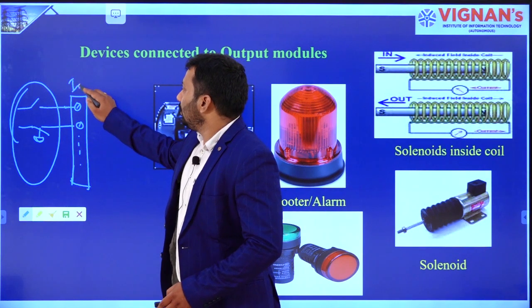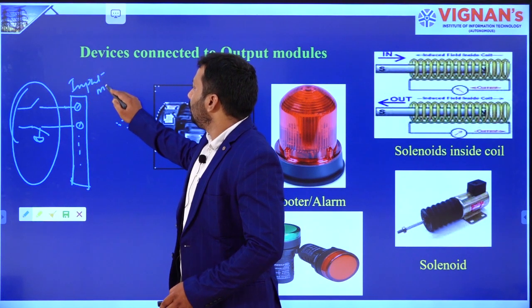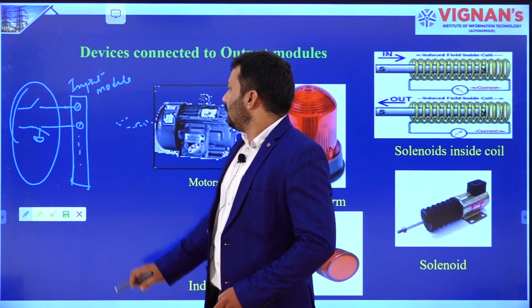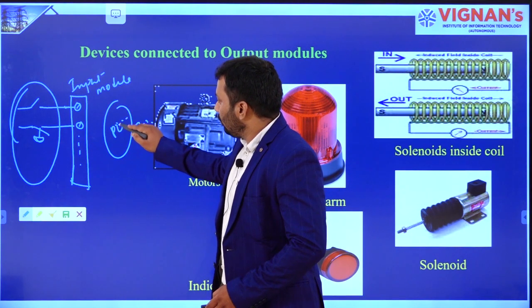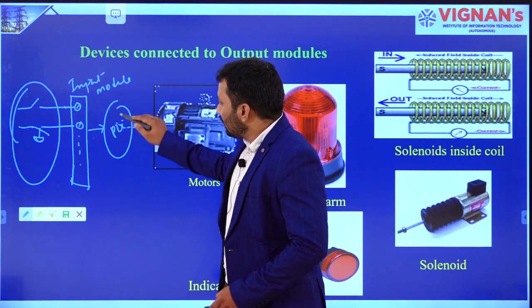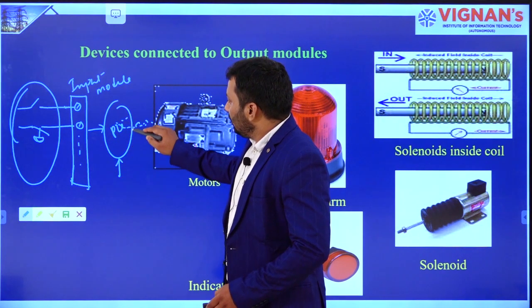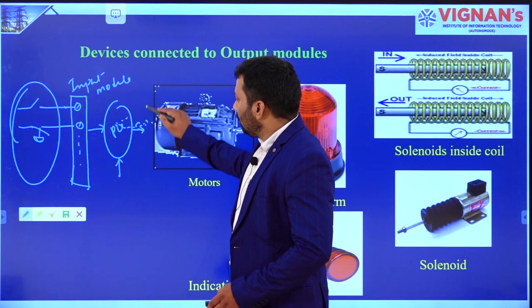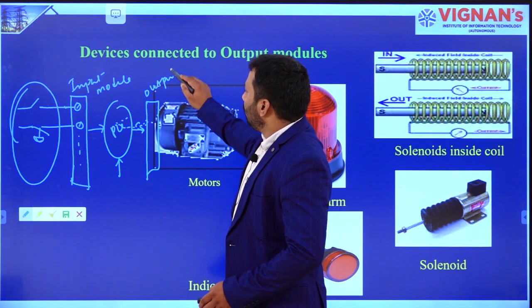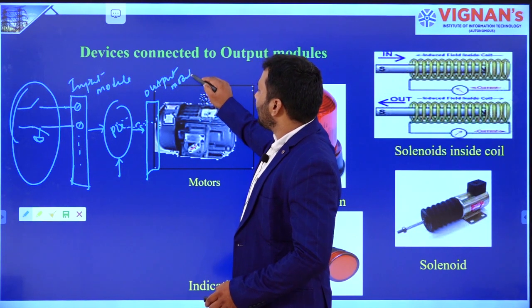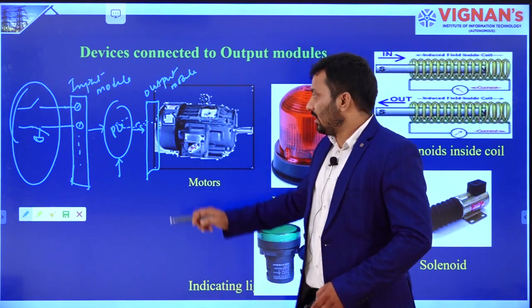We are connecting them to the input module, right. These are giving inputs to the PLC. After processing in the PLC, it is going to output some signal through the output module. We already discussed this, but once again I am explaining for clear understanding, right.